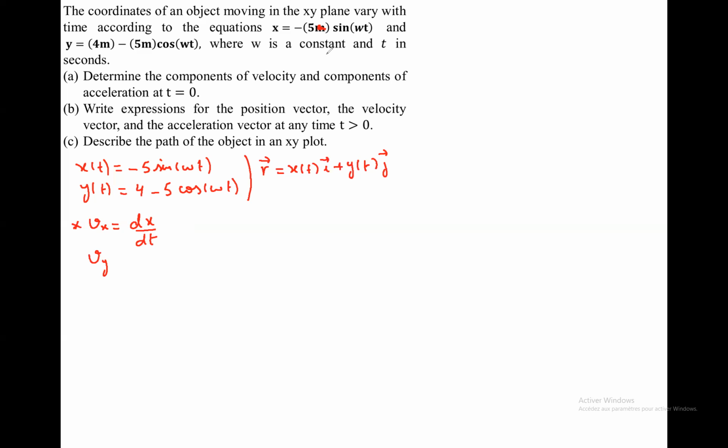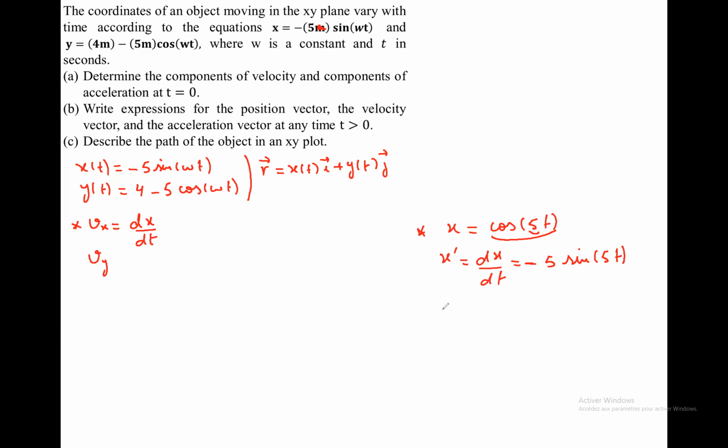Before calculating this, I want just to give you an example about the derivative. Just an example, x equal cosine 5t. Then x prime equal dx over dt equal the derivative of cosine, which is minus sine 5t, times 5.